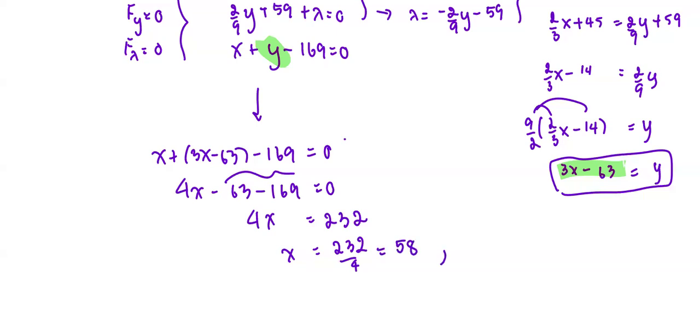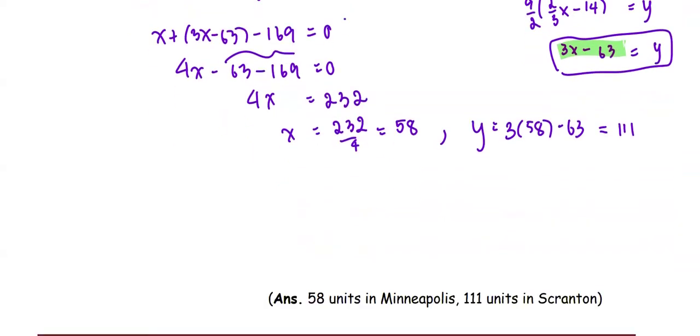If x is 58, y is 3 times x minus 63, and it is 111. That is the same as the given solution here. So 58 units in Minneapolis and 111 units in Scranton.